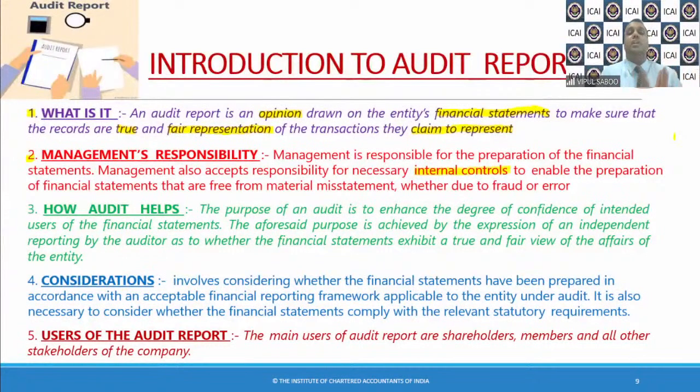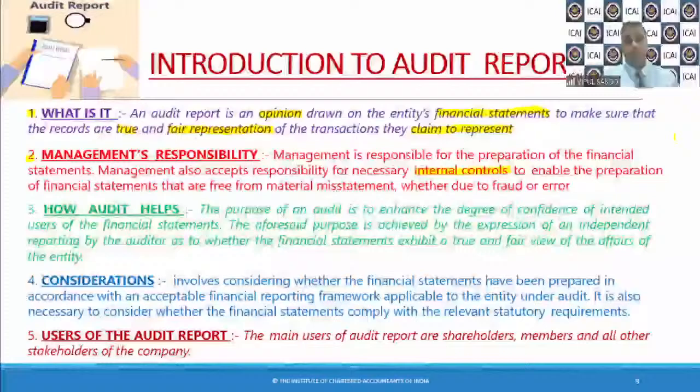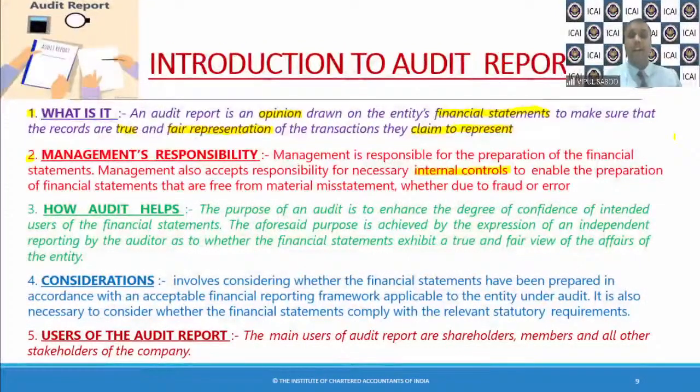Because if internal controls are strong, there are higher chances that their financial statements would be free from any material misstatements, whether due to fraud or error, because strong internal controls don't let this happen. If they are weak, the control risk is high, and therefore to bring the detection risk to a lower side, the auditor has to work more.